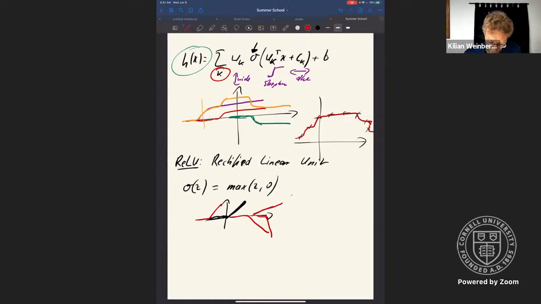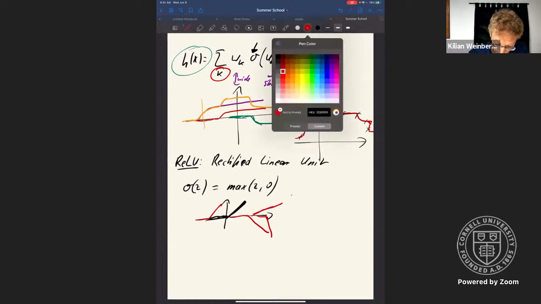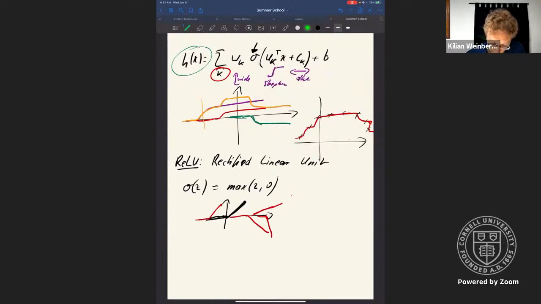The function that you're then learning is a whole bunch of piecewise linear functions, but they're not always so flat. That's basically the main point. So in practice, it's easier to optimize this.